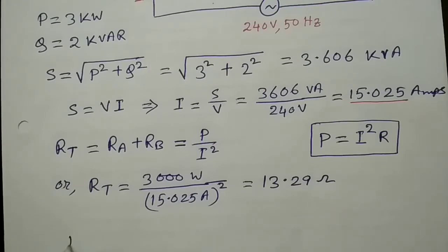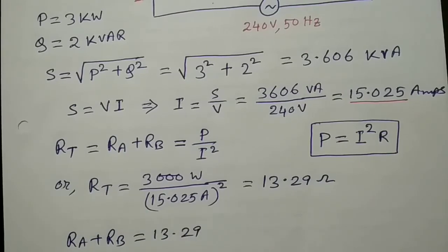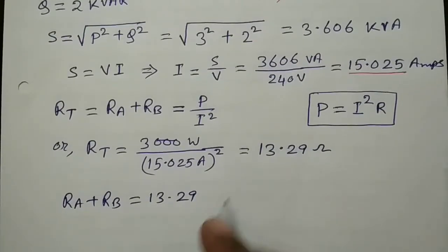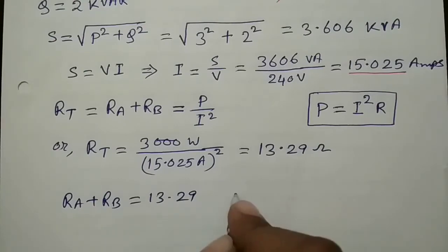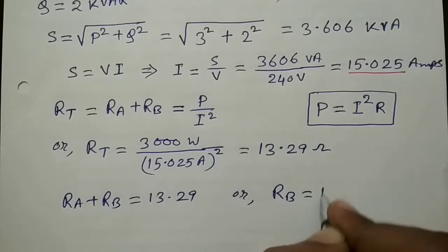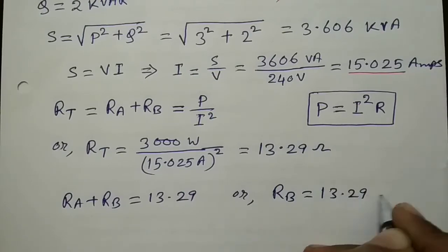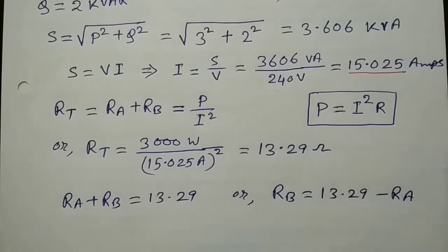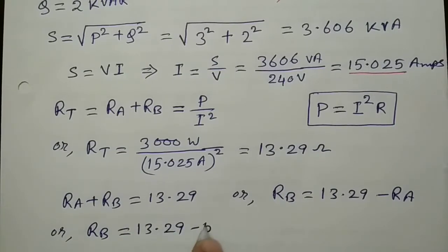Therefore, Ra plus Rb is 13.29, or we can write Rb is equal to 13.29 minus Ra, where the value of Ra is given in the question, that is 5.